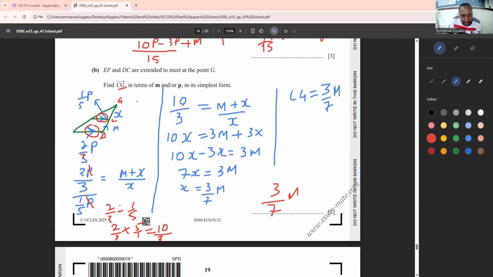So 10 over 3 equals M plus X over X. Cross multiply, I'll get 10X equals 3M plus 3X. Collect like terms: 10X minus 3X equals 3M. 7X is equal to 3M. And when you divide, I'll get this. Remember, X is my CG. Easy as pie. Okay?